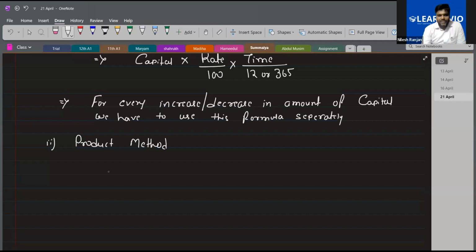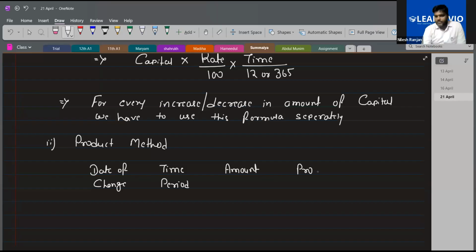So there is a table that we prepare. In that table, we write the date of change. There are 4 columns. First is the date of change. Second is the time period between 2 changes. And then the amount after change.